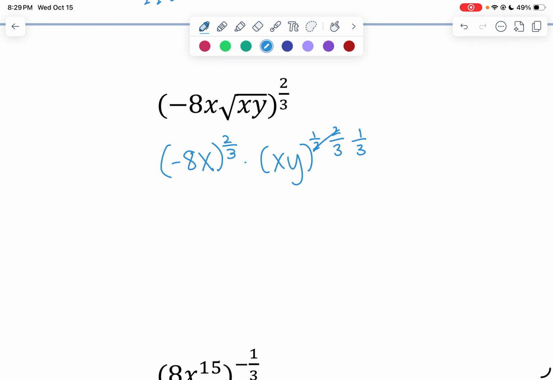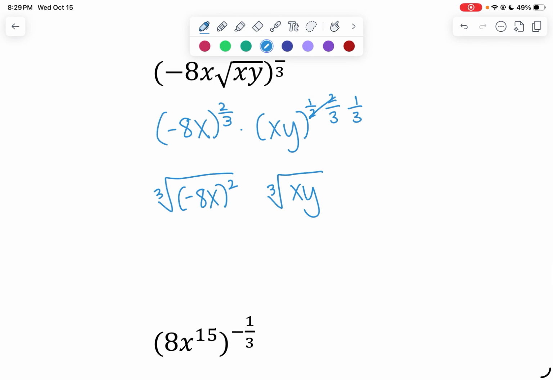So what you have is the cubic root of negative 8x squared. Okay. And then you have the cubic root of xy. Now, you can expand and combine all of this if you want to. But where I would be careful is that you have negative 8x squared. So what that's going to become is that's going to become 64x squared. That's not negative 8x squared.